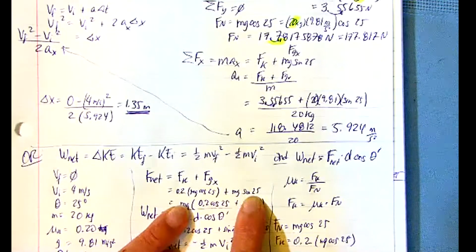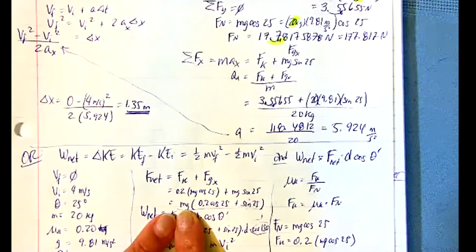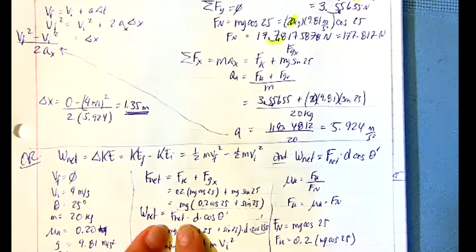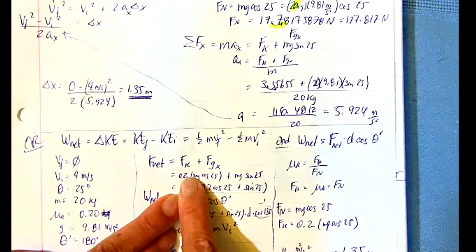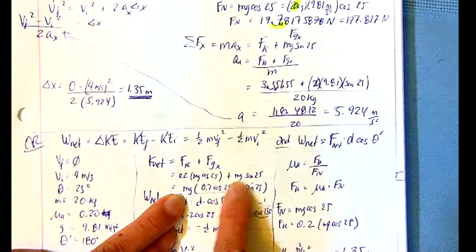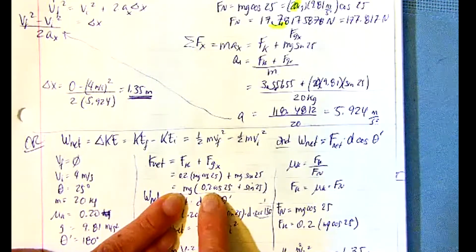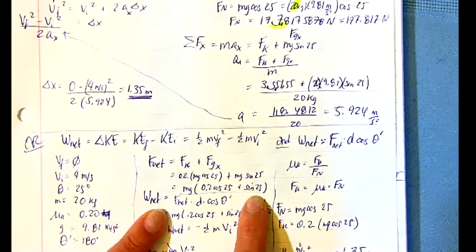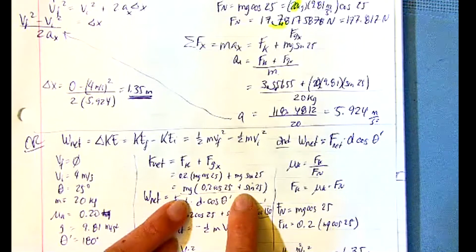All right, so we have that equation, but this is also equal to, let's see here. What I did here is I pulled out an mg. See how there's an mg in both terms? So I factored out an mg, and I have mg times the quantity 0.2 cosine 25 plus sine of 25. All right, all that is the net force.